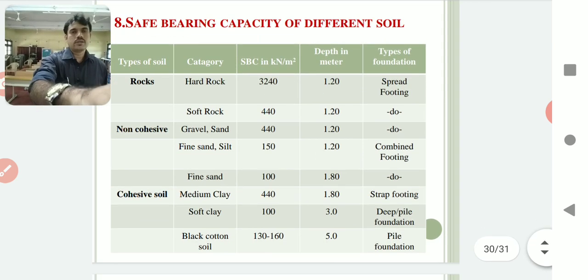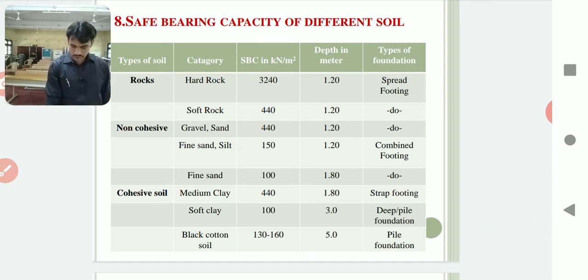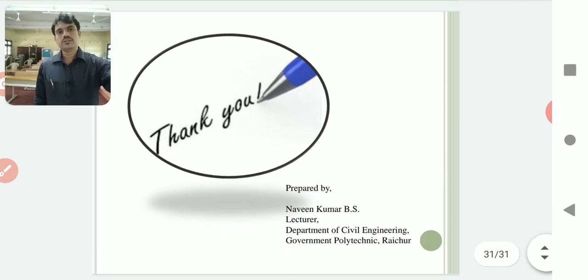And then I have explained about how to improve safe bearing capacity of soil. And then the fourth part is safe bearing capacity for different soil, and then depth of foundation, and how types of foundations vary. So this is what we have studied in this class.